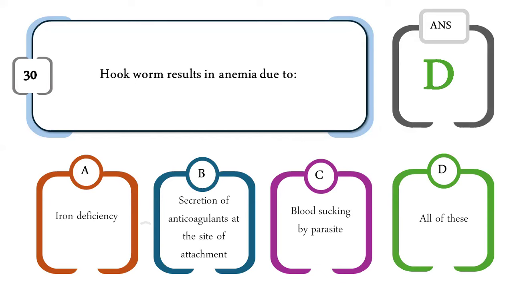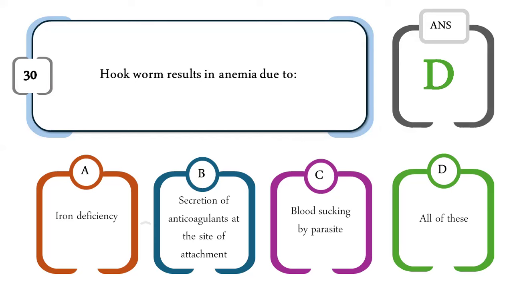Adult worms of the hookworm cause hookworm disease, which is characterized by microcytic hypochromic anemia. Why does it lead to anemia? Because hookworms ingest blood and attach themselves to the mucosa of the small intestine, and the adult worm sucks more blood.